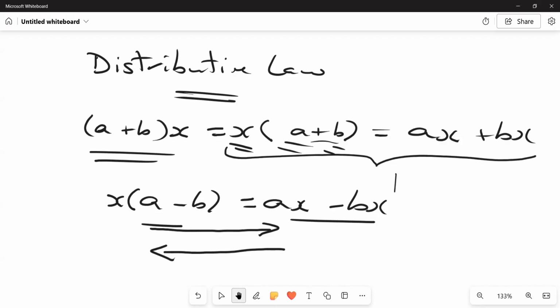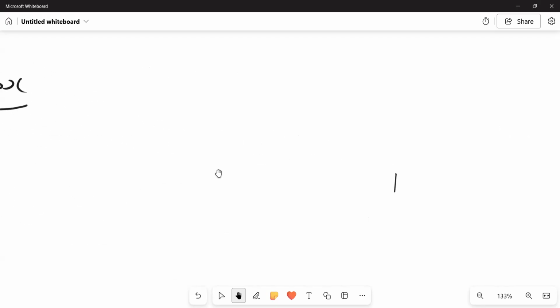Let me give you some examples of how the distributive law is used to remove a bracket, and then how we can use it to factorize. We'll do a whole topic on factorization. For now, we'll look at using the distributive law to remove a bracket.